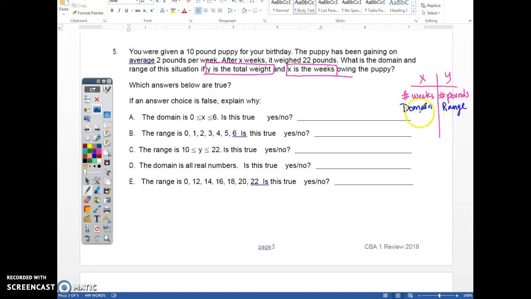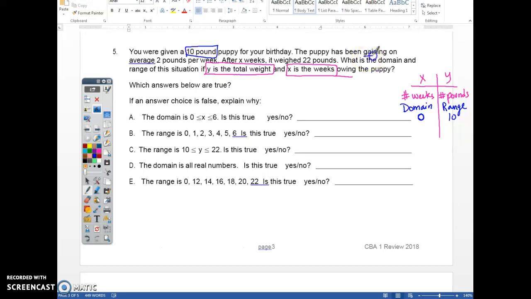So how many weeks passed? Do we know or we don't know? We don't know, but I know that at 0 weeks, how much does the puppy weigh? 10 pounds. 0 weeks, that's when he got it, right? 10 pounds.